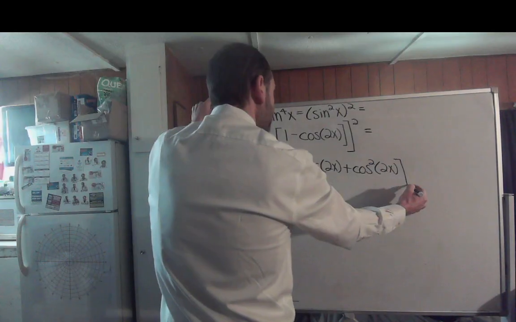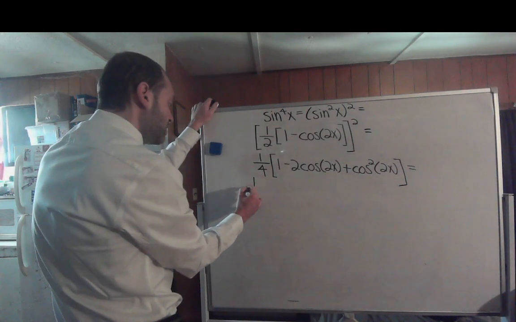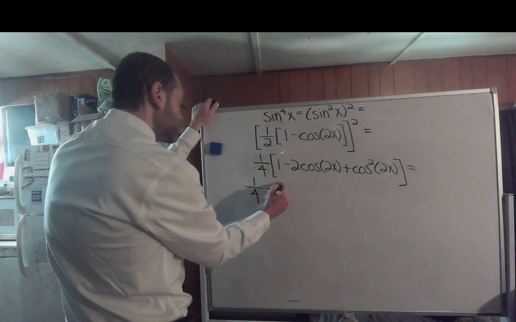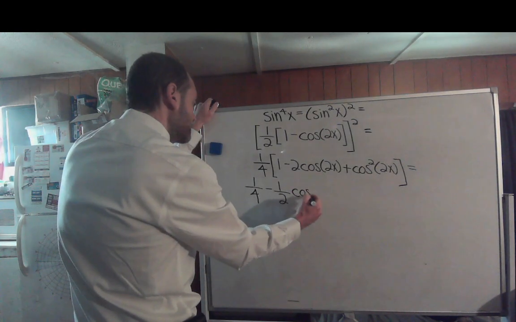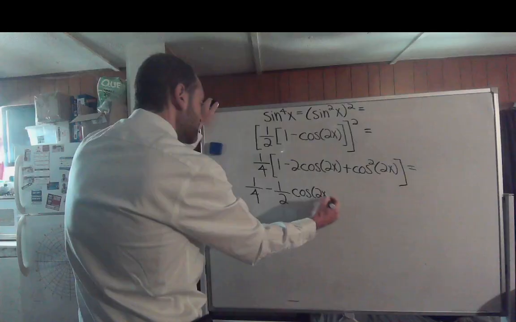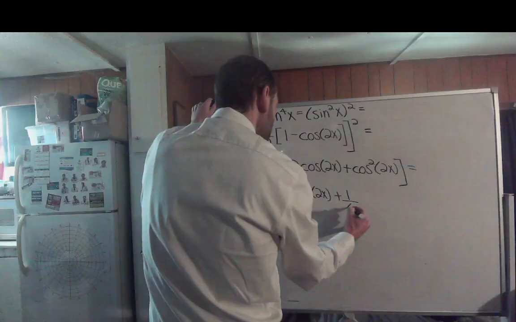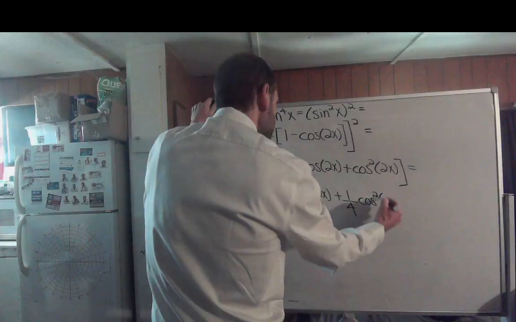And I think before we go any further, let's go ahead and distribute the 1/4. So this would turn into 1/4 minus 1/2 the cosine of 2x plus 1/4 the cosine squared of 2x.